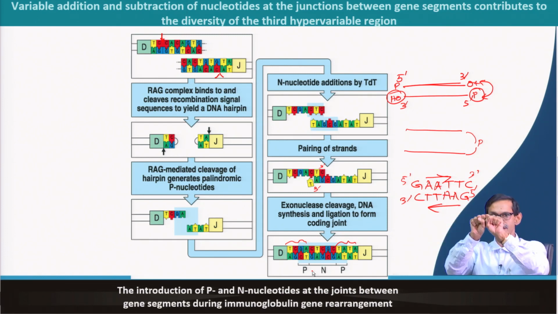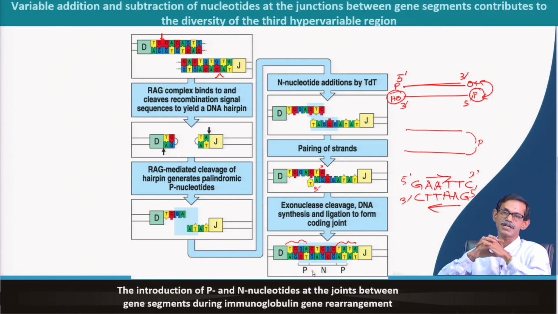But if this join makes some nucleotide change which can contribute to the number of amino acids, maybe 1, 2, 3, that number of amino acids can increase because of the addition of the nucleotides. So, that variety is not easily calculated anymore by just multiplication. Okay. So, this is the addition of P and N nucleotides in between the junctions like DJ or VDJ.